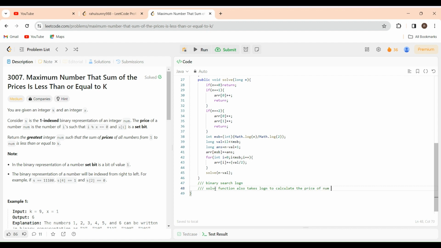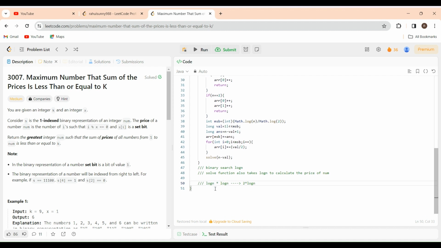Overall complexity will be log n into log n. This is the time complexity of the approach.